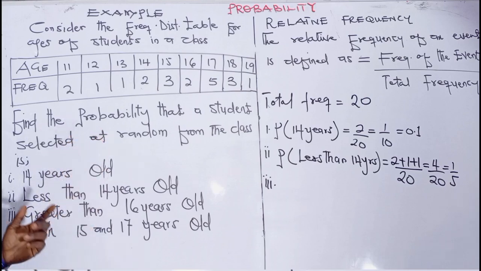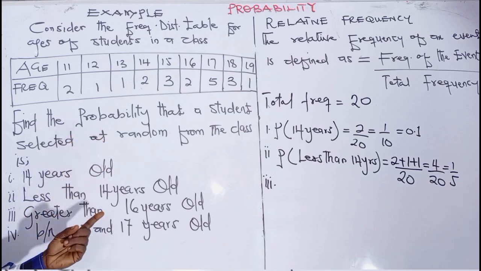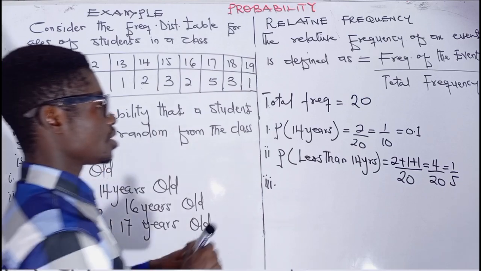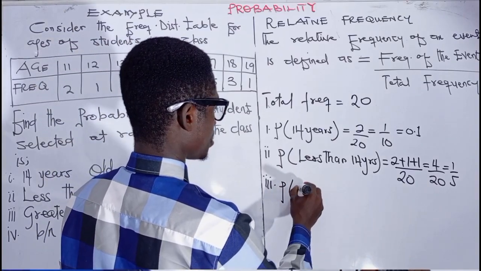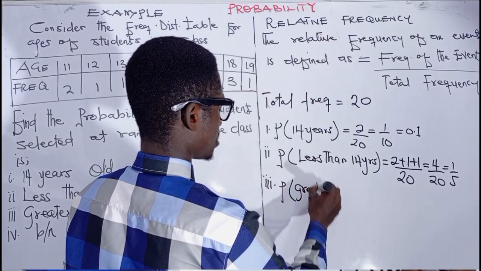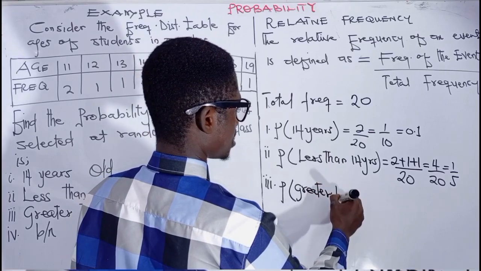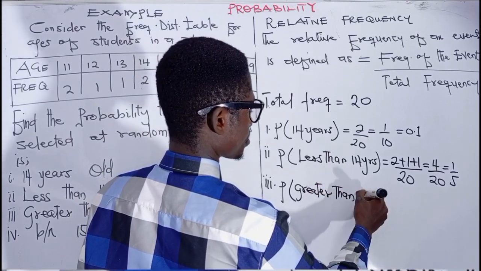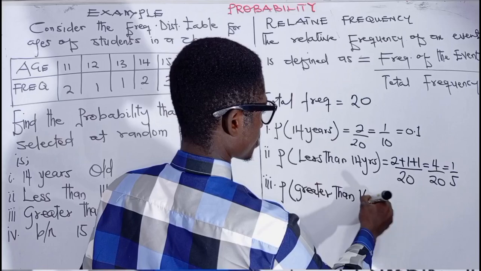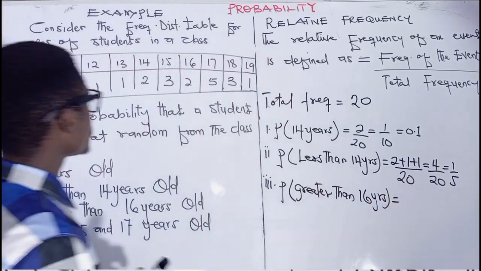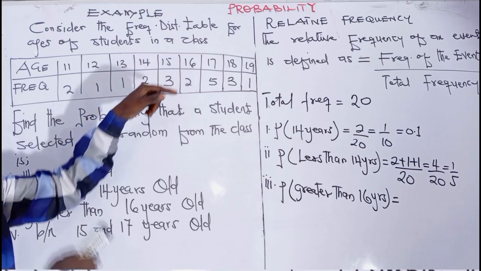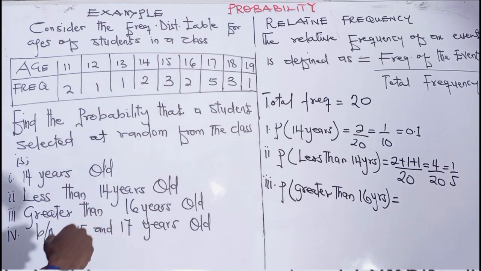Probability of selecting a student from the class who is greater than 16 years old. So this is 16 years old, greater than 16 years or bigger than 16 years old.